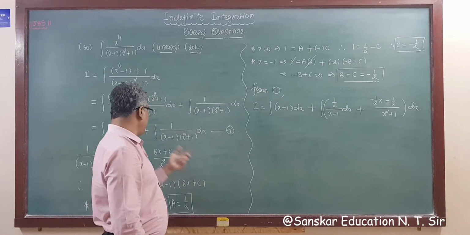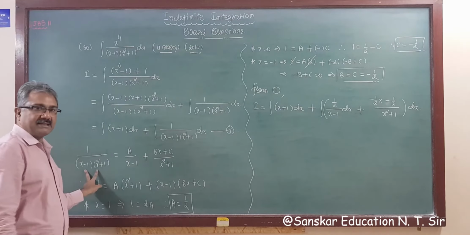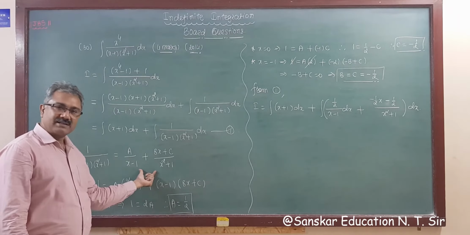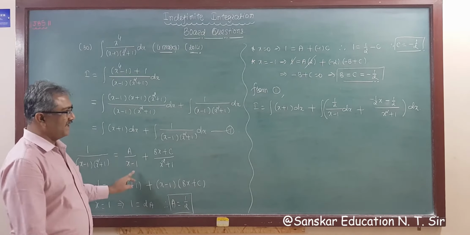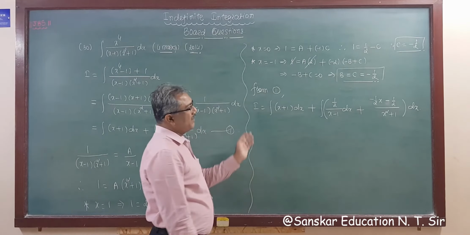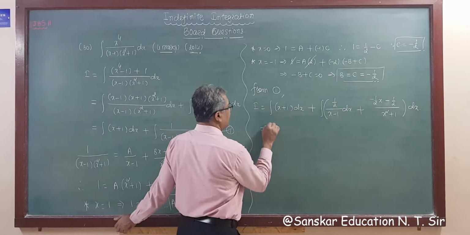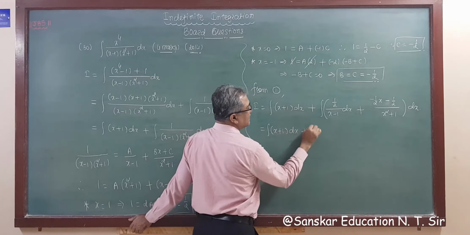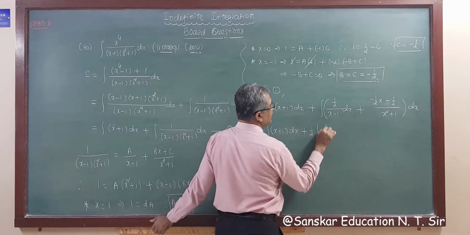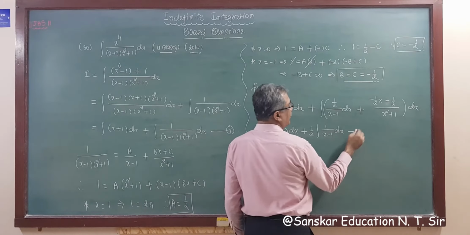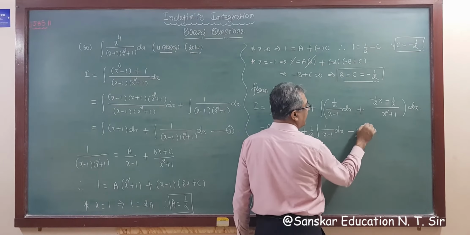Got it? पता चला ना? Instead of this we have to write this because we are applying the partial fraction method. So the value of a we are substituting here, and b plus c, right? Now bifurcating, what we get? Integration x plus 1 dx plus 1 upon 2 as it is, integration 1 upon x minus 1 dx minus 1 upon 2, right?